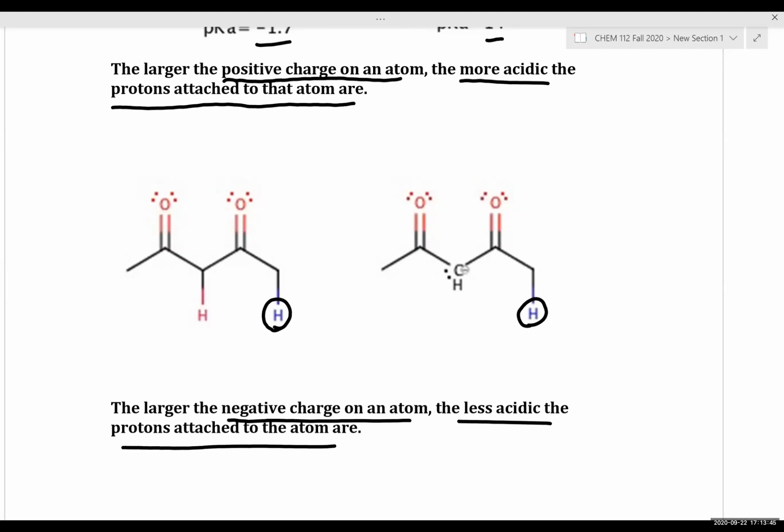Which proton would you expect to be easier to remove? From the neutral species or from the anionic species? From the neutral species. The neutral species proton is easier to remove.